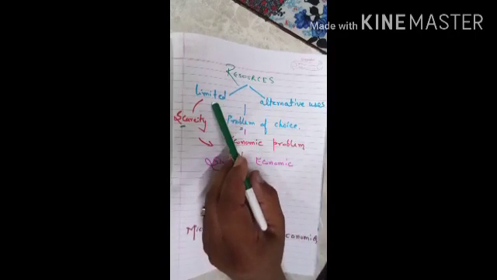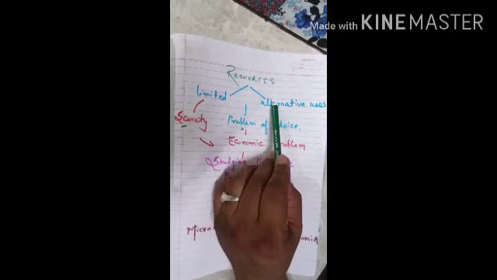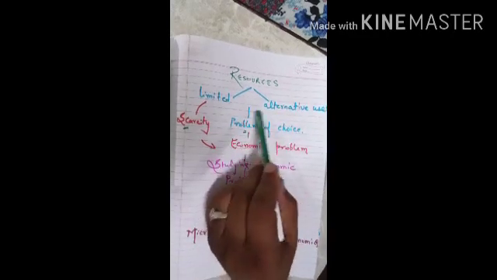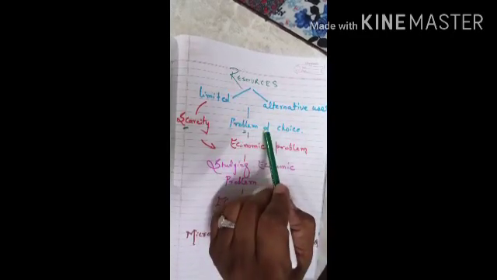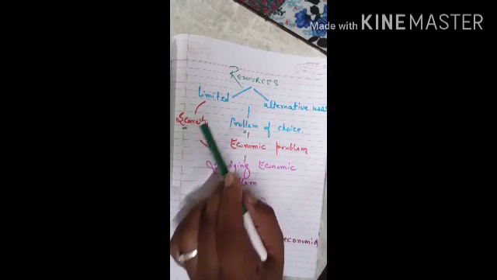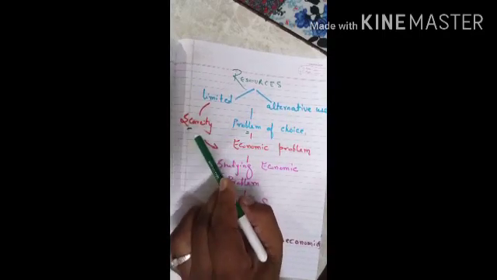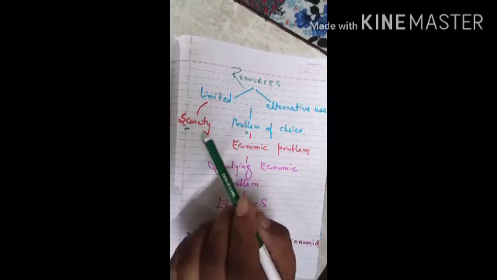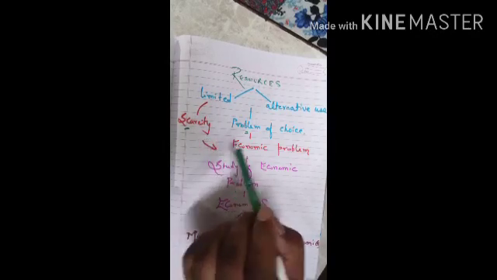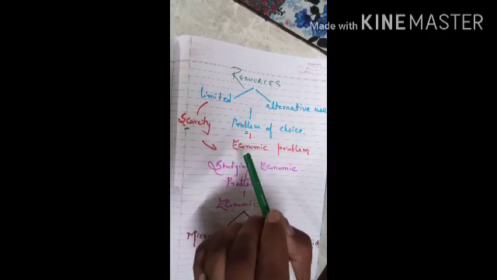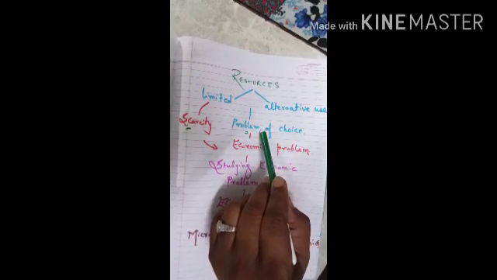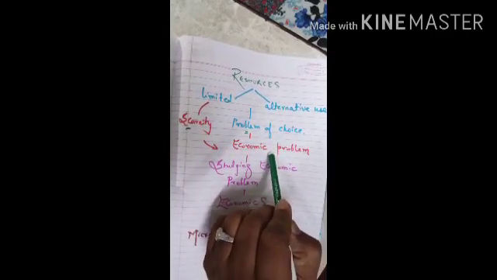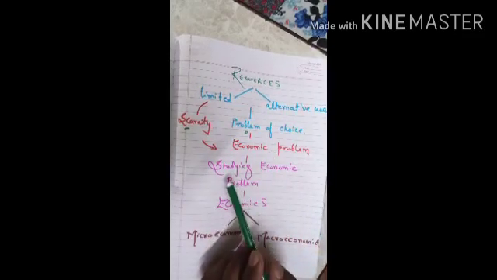And resources being limited and having alternative uses brings out the problem of choice, that is, a person has to choose, and it's all because of scarcity. No one has ample resources that he or she may not be suffering from scarcity at a point of time, and this leads to the problem of choice, and this problem of choice is referred to as the economic problem.